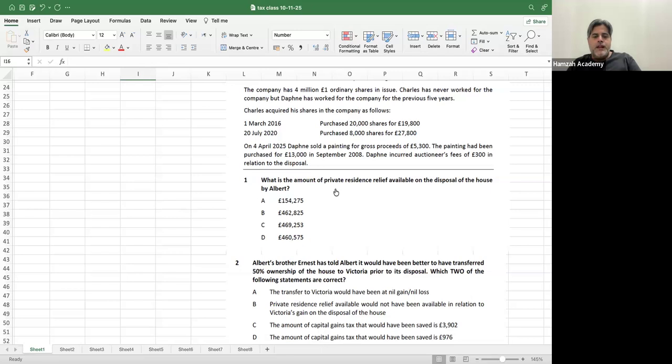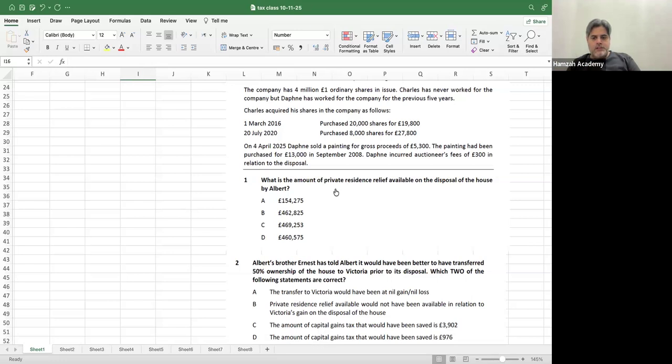And for that, if you go into your tax table, I just want to see one thing over here. We have the inheritance tax over here.